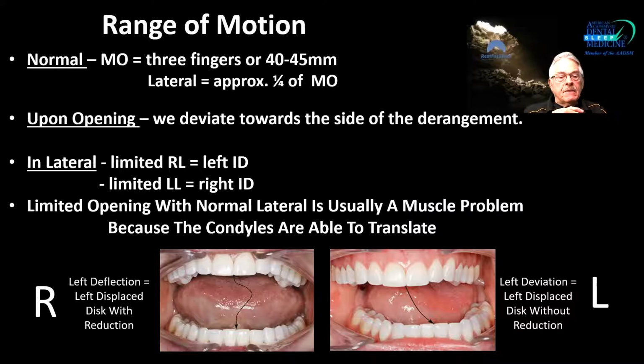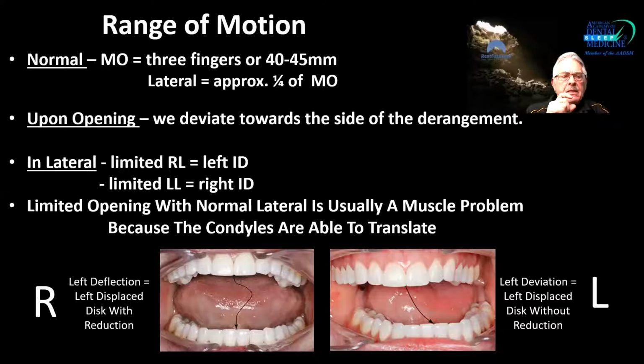So here's a takeaway too. Sometimes you'll have a patient that has a limited opening, and you might think in terms of them having internal derangement with the joint, but you look at lateral and it's 10 and 10. I'm not saying that's a magic number. It could be 8, it could be 12, but let's just say 10 and 10. But they can only open, say, 30 millimeters.